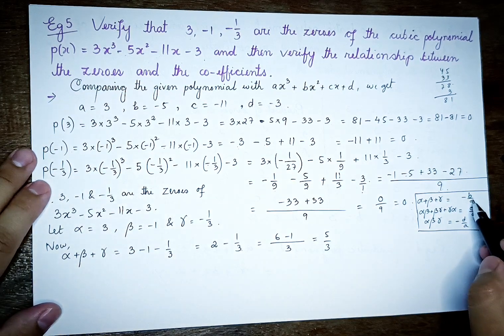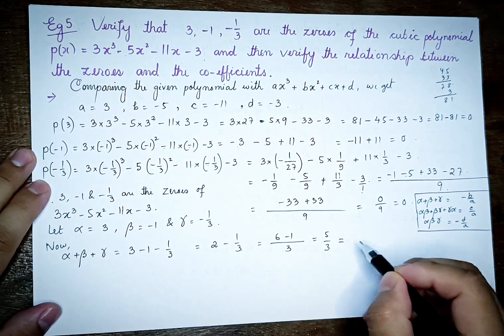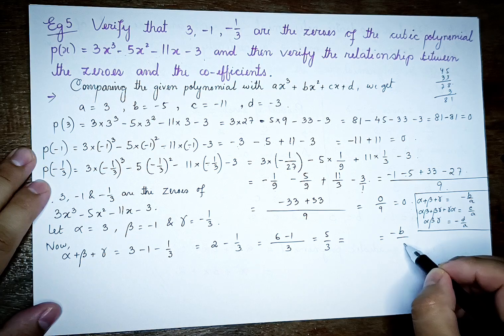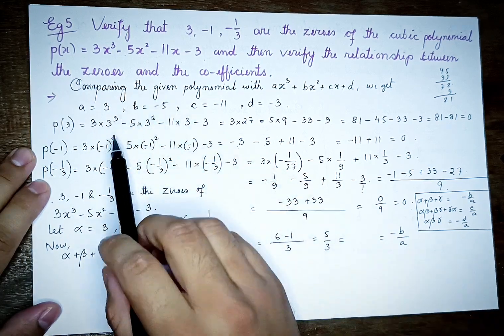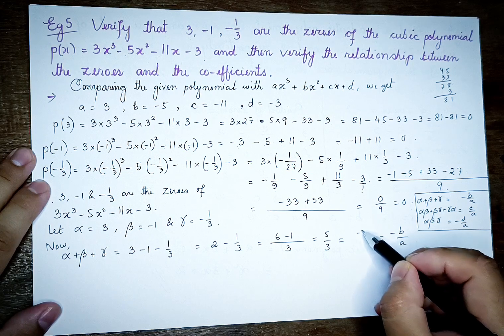But we need to write minus b by a, which is equal to, we leave a blank here and write minus b by a. What is our b here? The value of b is minus 5, so we write minus 5 here.